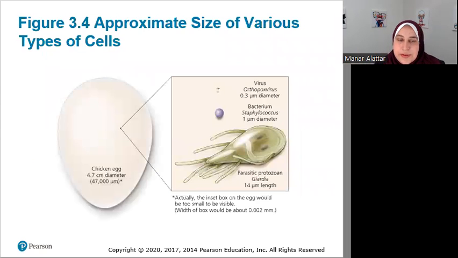So a little bit of a size discussion here. If we want to look at the size of these organisms from various domains, technically the largest cell is actually a bird's egg, because that's one individual egg.